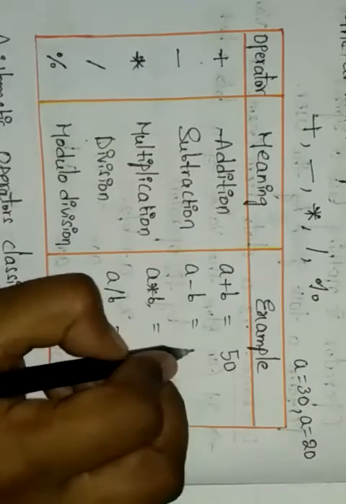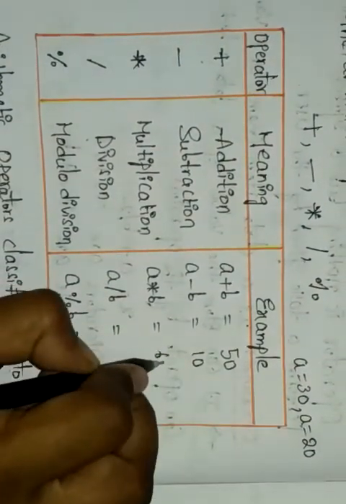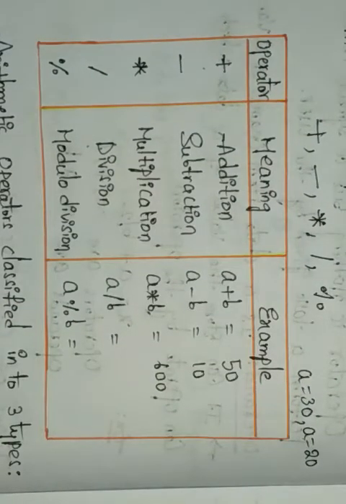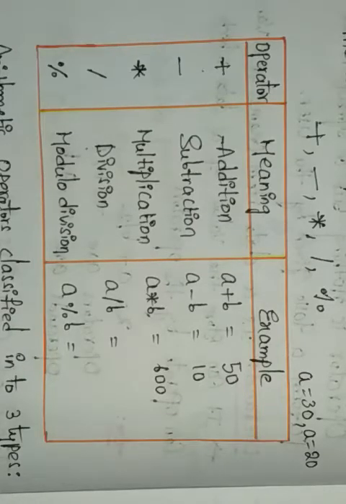A minus B gives 10. A into B gives 600. Next, A by B, that is 30 by 20. We will get a fractional point type value.